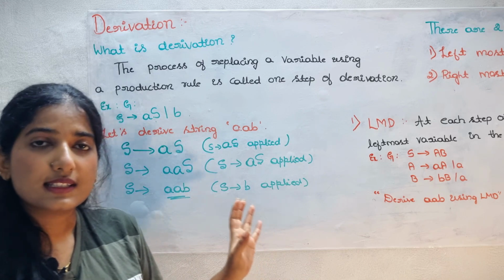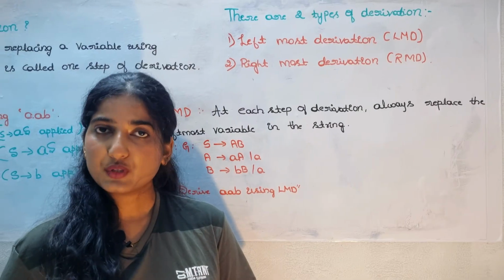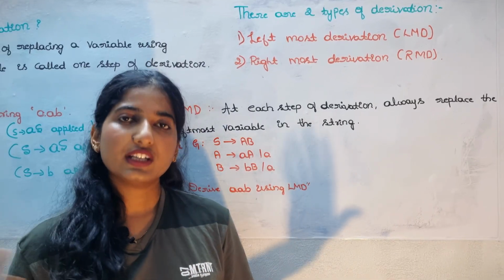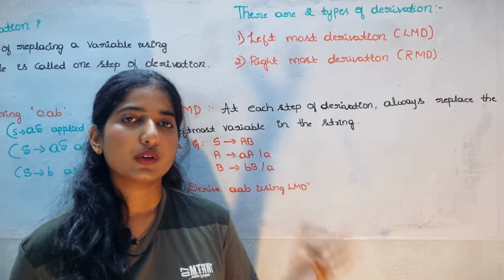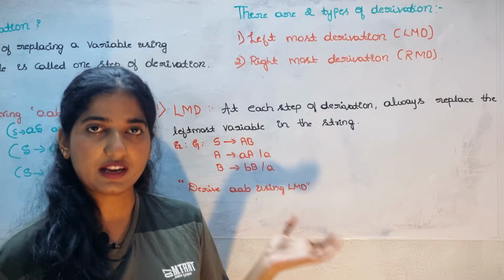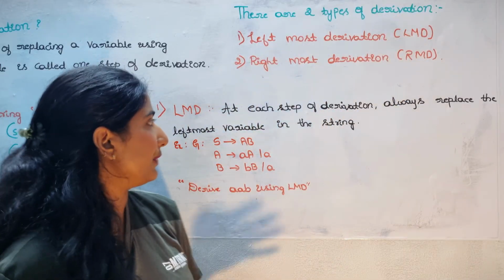Now let us discuss the types of derivation. Under types of derivation, we have two types: leftmost derivation and rightmost derivation. So what is leftmost derivation, also called LMD?